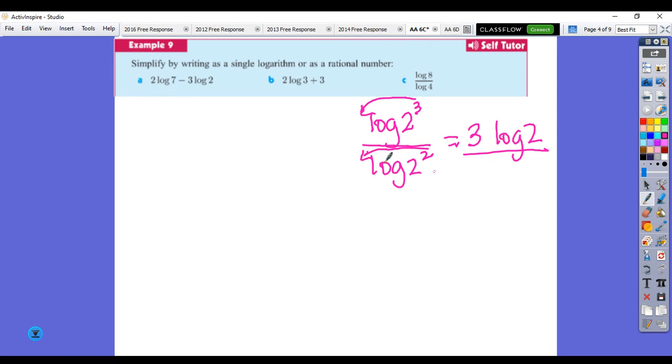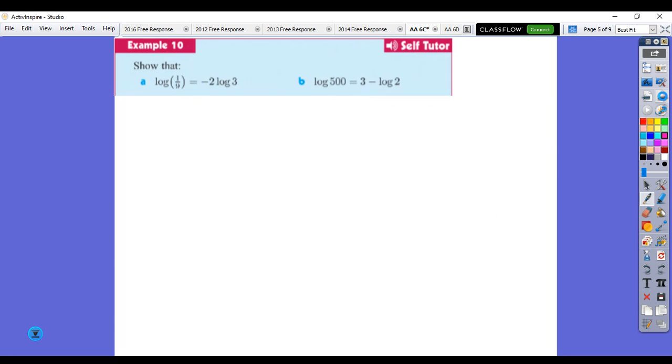I can move this exponent to the front. 2 times log 2. Now notice these are being multiplied. I can cancel these as common factors and reduce down to just 3/2. And this is my final answer. So sometimes you have to be kind of sneaky on what you're doing.